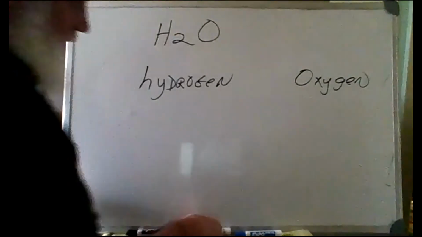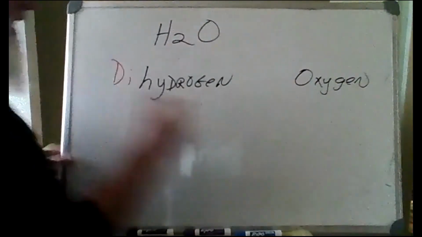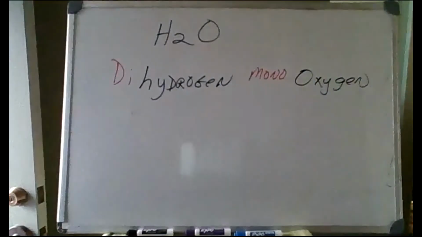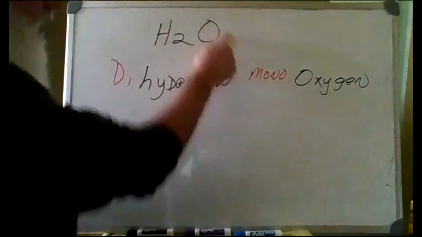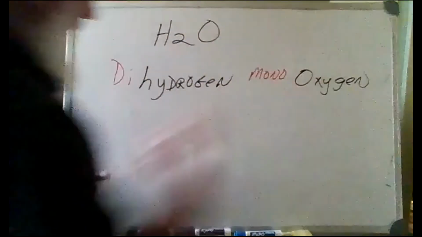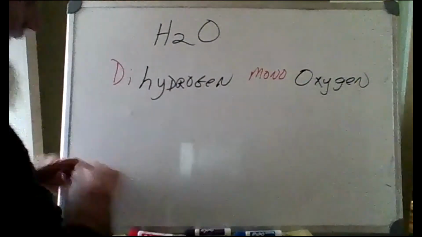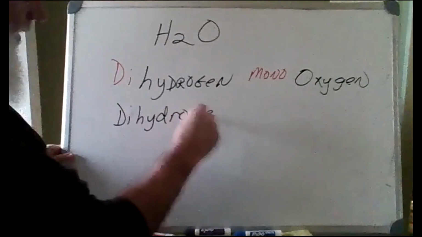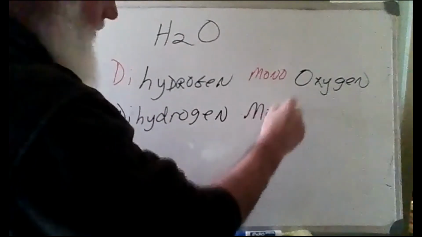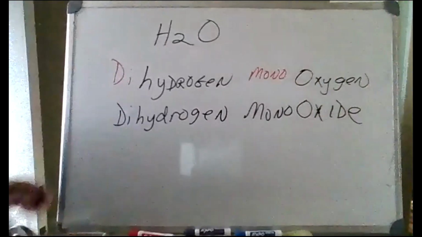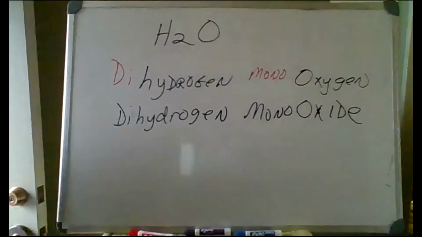Rule number 2 says put a prefix indicating how many atoms of each element. Di is 2, mono is 1 for the oxygen. Then the last element must end in IDE. So I'm going to write dihydrogen monoxide. Last element ends in IDE. There's our 3 rules.